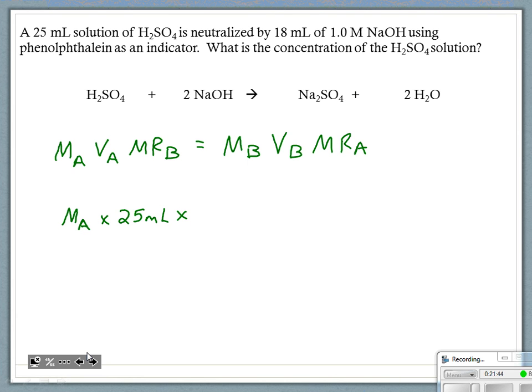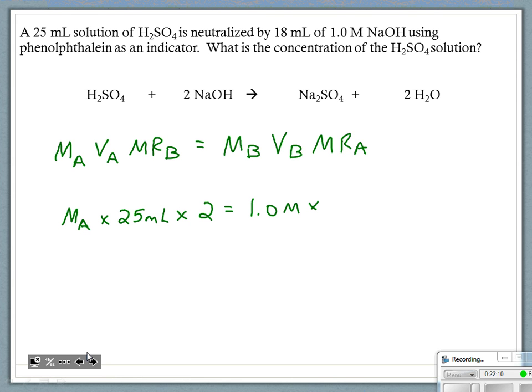So my MRB is 2. That will be equal to my MB. What is my MB? 1.0 molar.